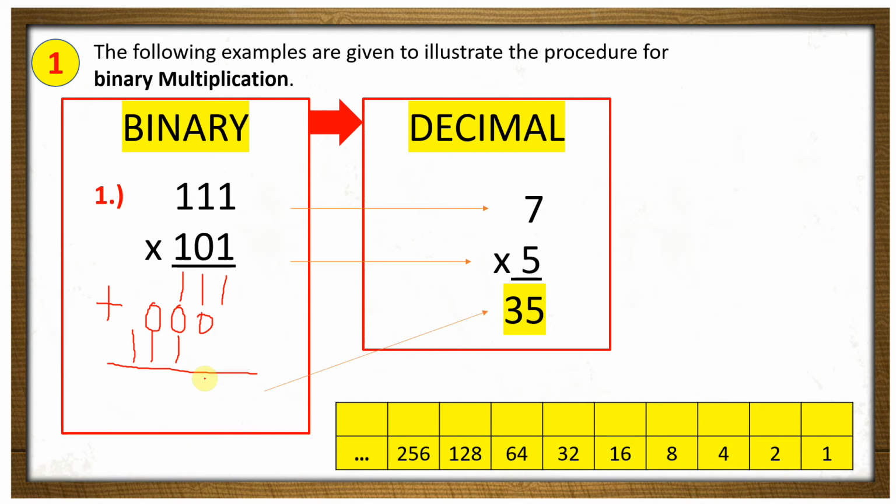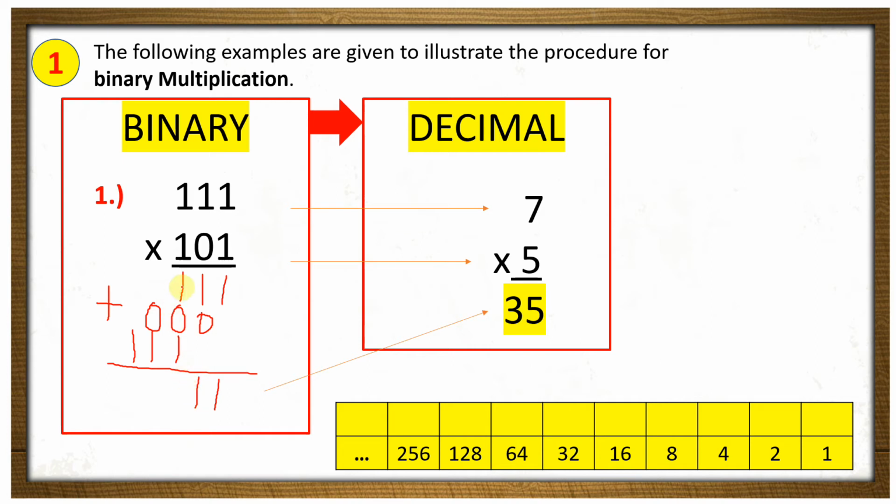In binary multiplication, you need to know first how to add binary numbers. This time you're going to add 1 plus nothing is equal to 1. 1 plus 0 is equal to 1, following the rules for binary addition.